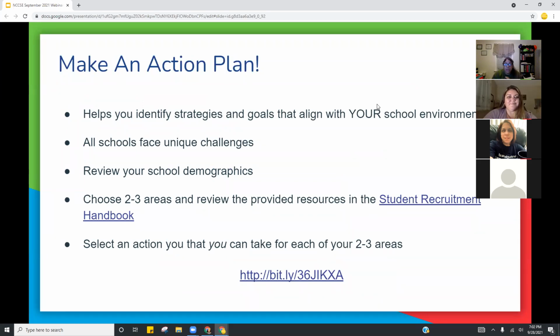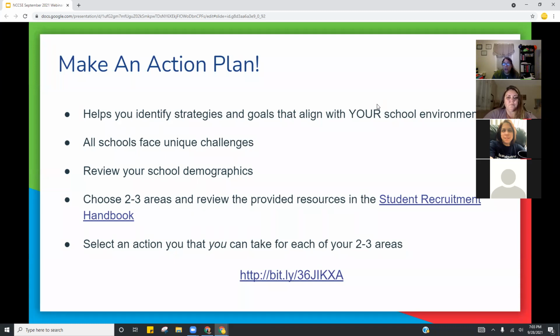One of the things that we would like to invite you to do with some of the ideas that you have tonight is to be thinking about making an action plan. It is one thing to hear all the different strategies and goals, but then to think about how they are fitting with your particular school and what your school is focusing on for your pathway or your demographics.